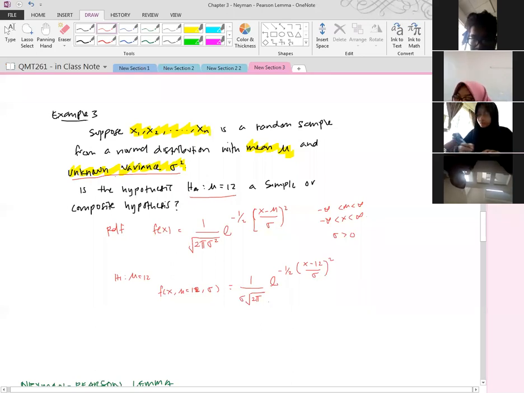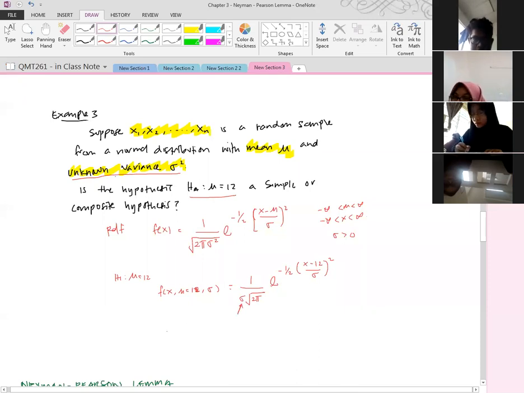to the power of 2. So based on this, we still don't have a unique value for sigma. If you change the value of sigma, then the value of that PDF will be different.